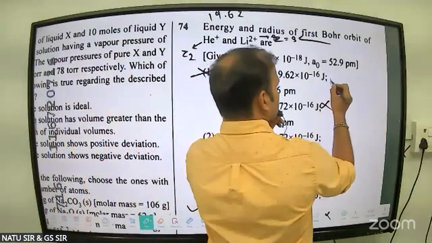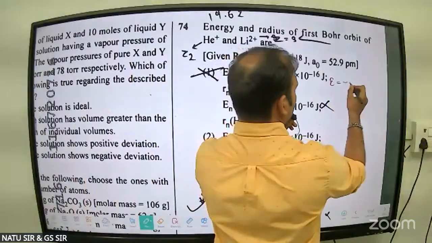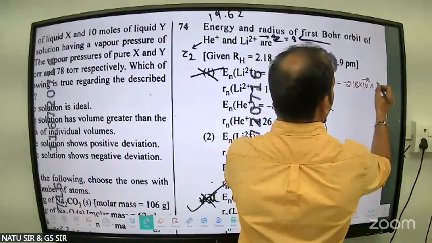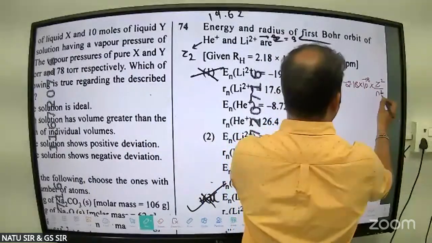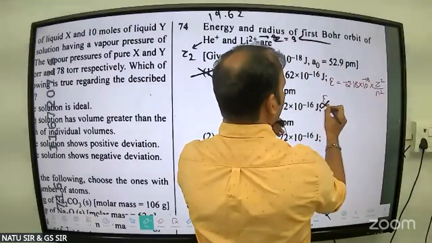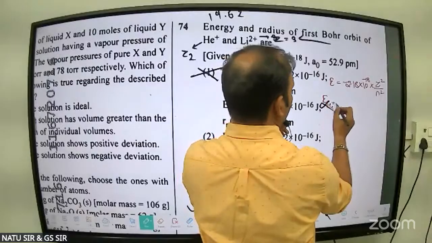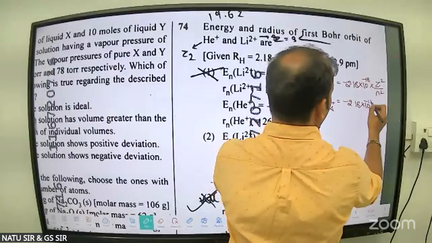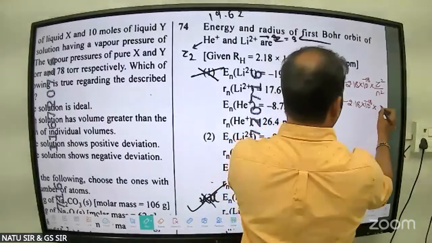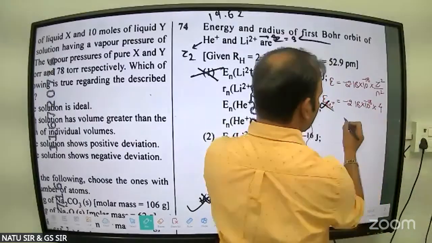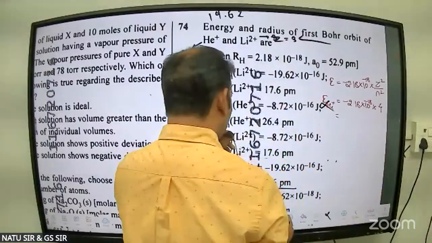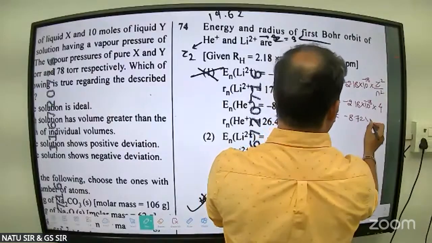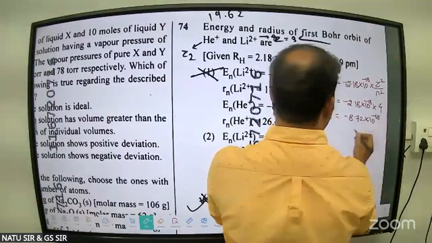For energy, we will first use the formula -2.18 into 10 raised to -18 into Z square upon n square. So if I look at the energy of He plus, you will get -2.18 into 10 raised to -18, Z square for helium is 4, and n value is the same, and after solving you get -8.72 into 10 raised to -18.